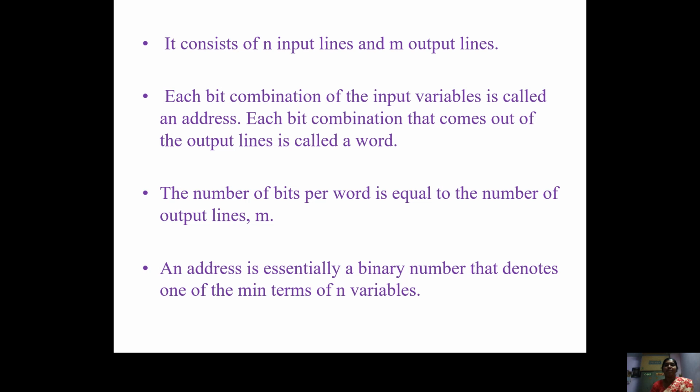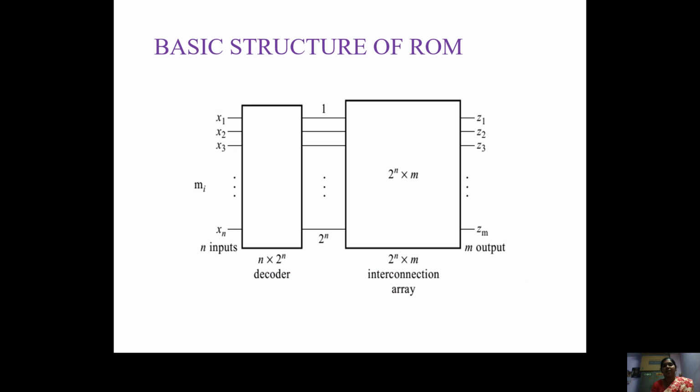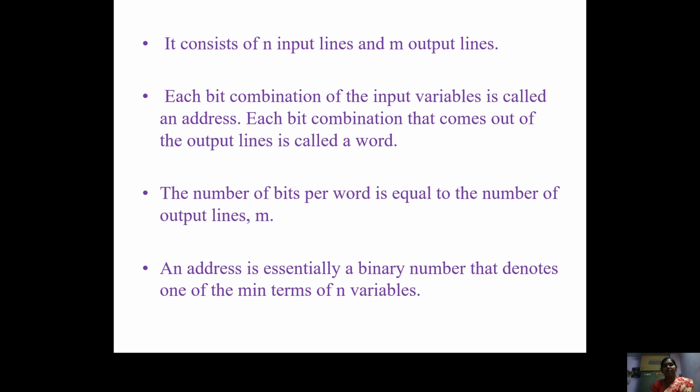So the number of bits per word is equal to the number of output lines. That is why we have shown m output lines here. The m output lines store the information in the form of a word, that means 16 bits. And an address is essentially a binary number that denotes one of the minterms of n variables.